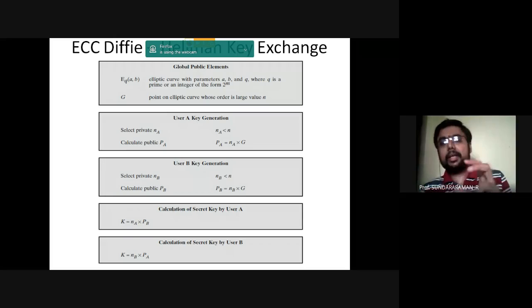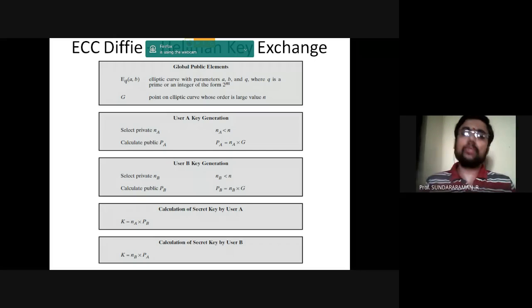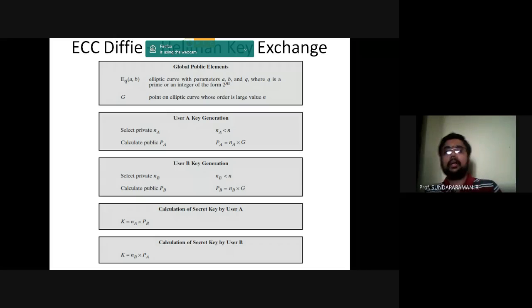After that, user A and user B will both know the point G because it is a shared public element.